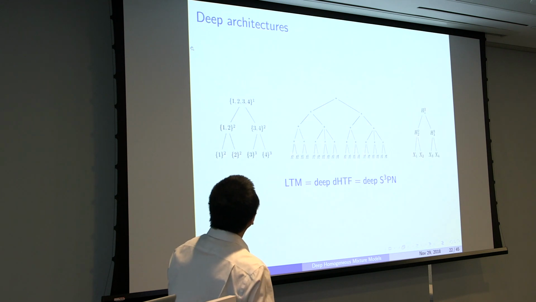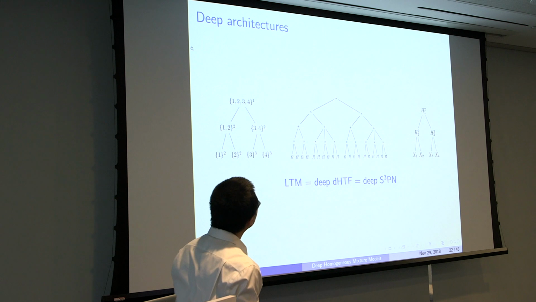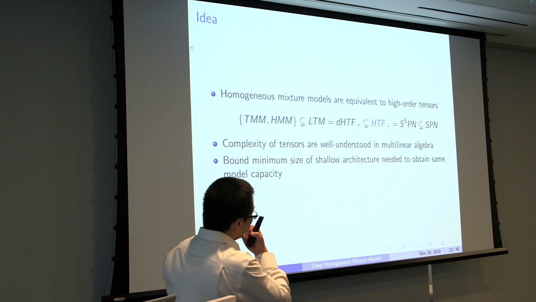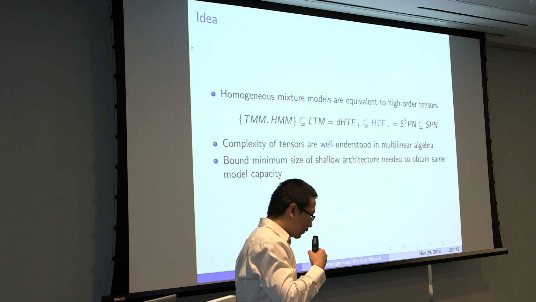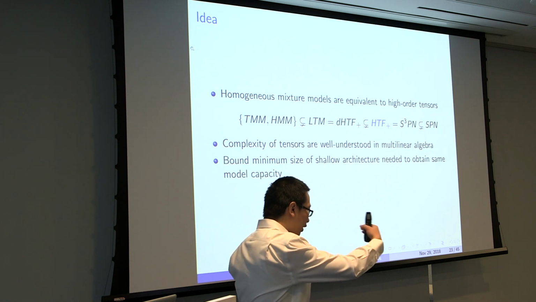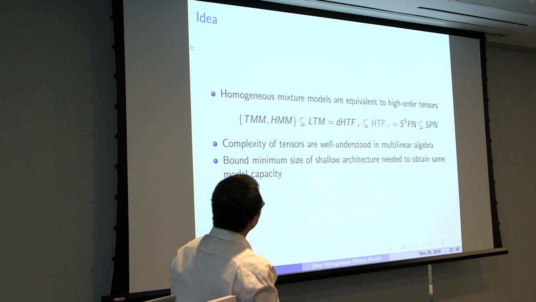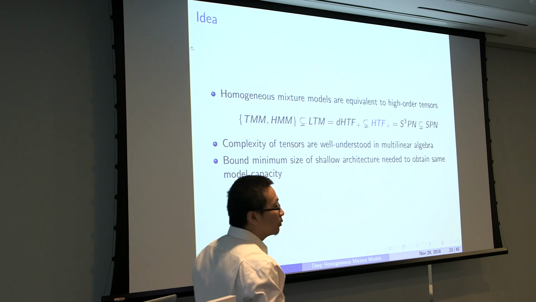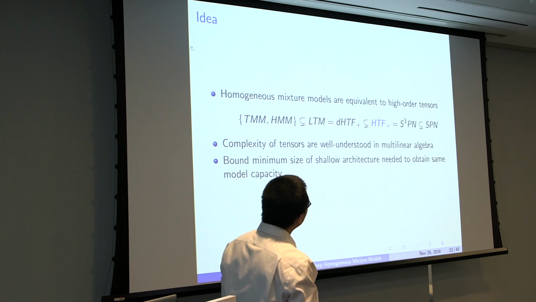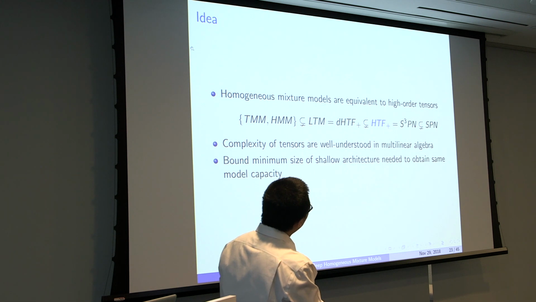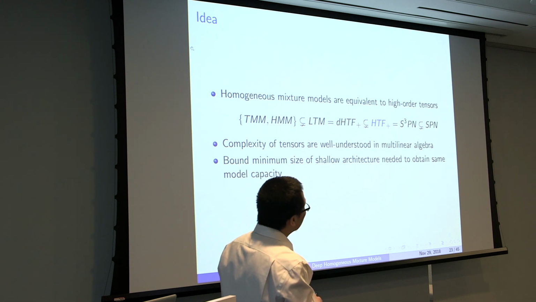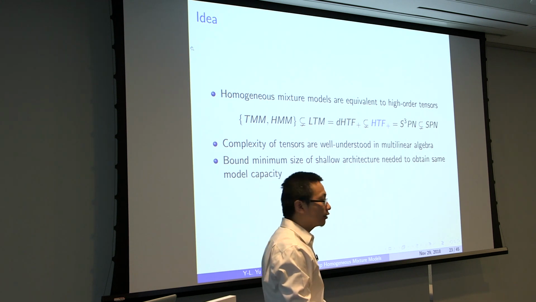So, okay, I'll skip this. So we have talked about these architectures, they are basically equivalent. So the idea of proving that a deep architecture is more powerful than a shallow architecture is to go back to our representation theorem. We can reduce any of these models to a tensor format, a hierarchical tensor format.